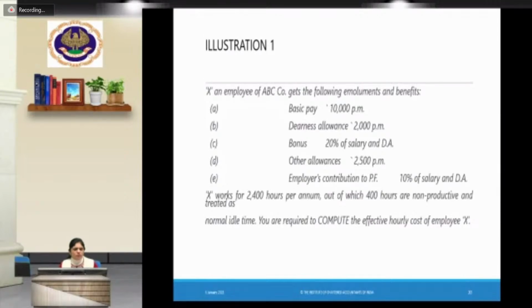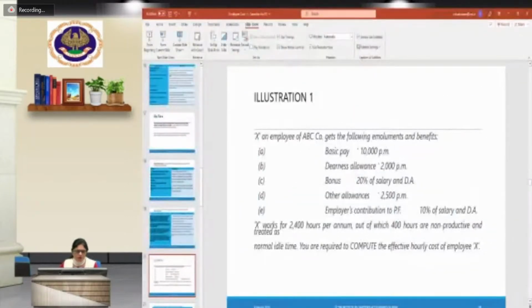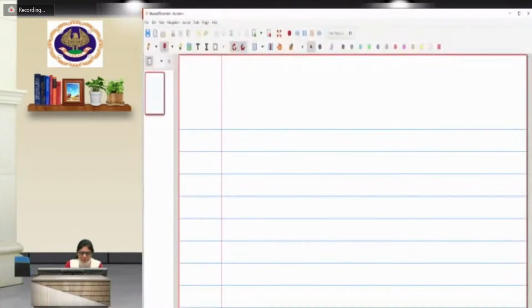See, the thing which you have to understand here, students, let me explain how it is to be done. Try to understand. There are basically two variants, all right?